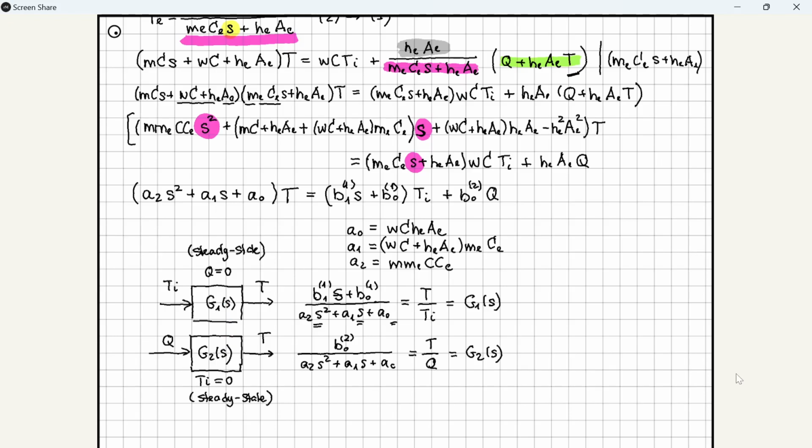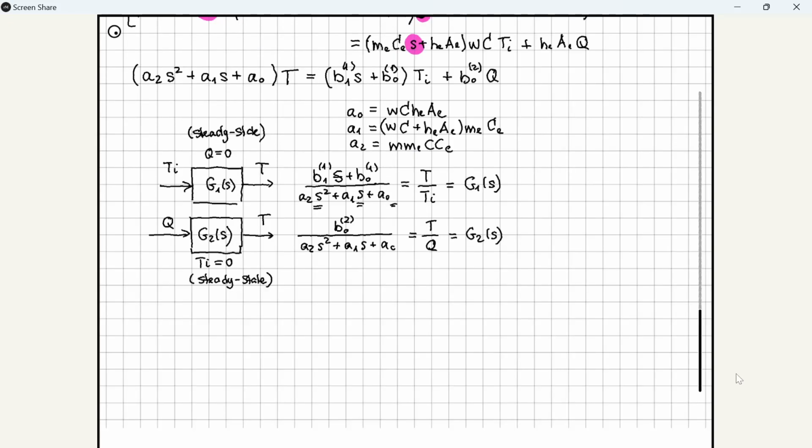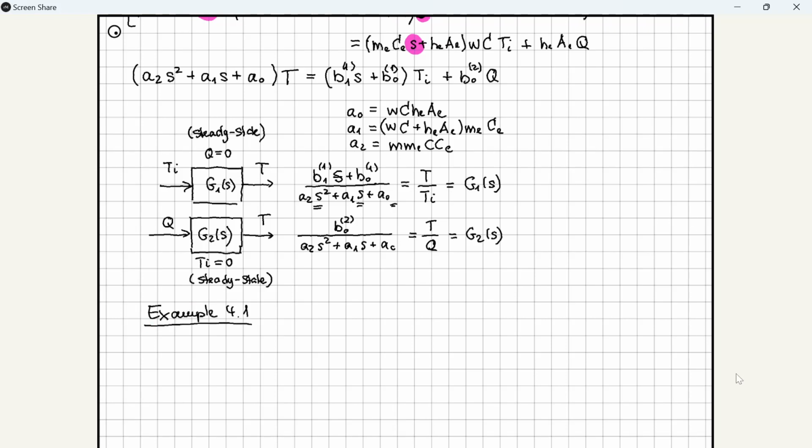And in the meantime, if you want to look at another example, you can do example 4.1 in the textbook and work through that, which is also explained in much detail, because we obviously get other examples of other transfer functions.